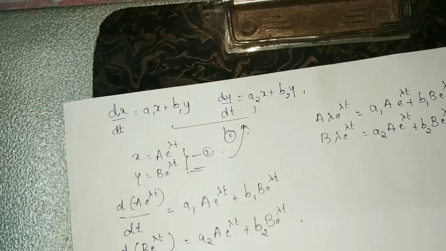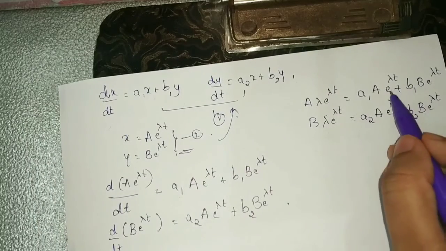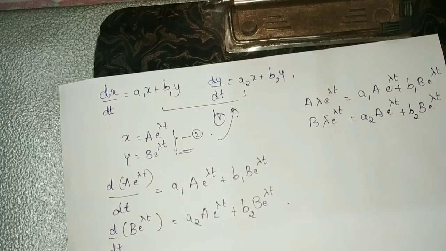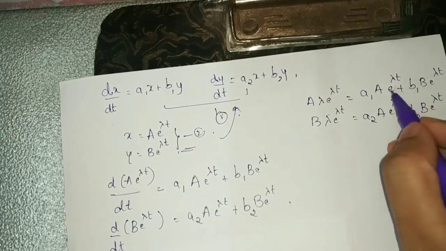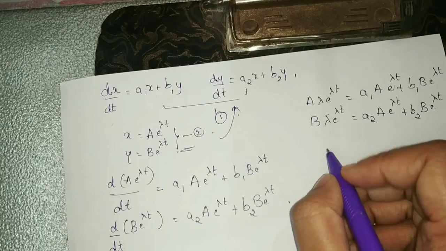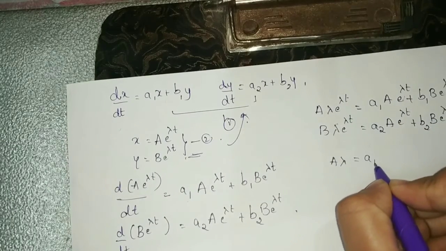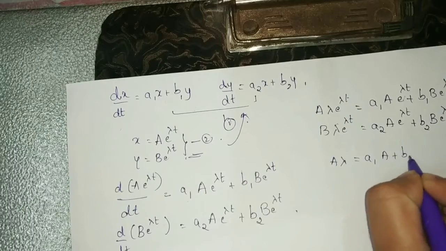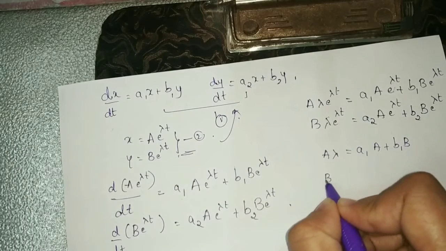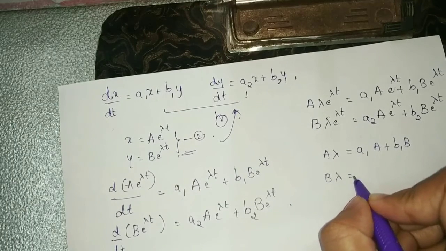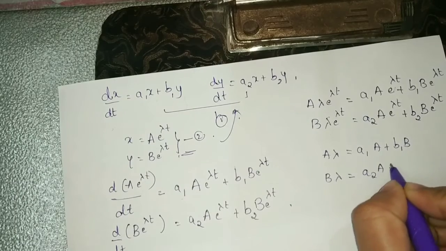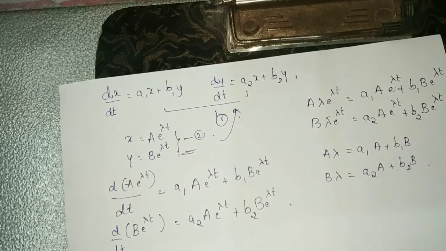So we can take e raised to lambda t common from all the terms and cancel it. Left with lambda A equal to a1 A plus b1 B, and lambda B equal to a2 A plus b2 B.